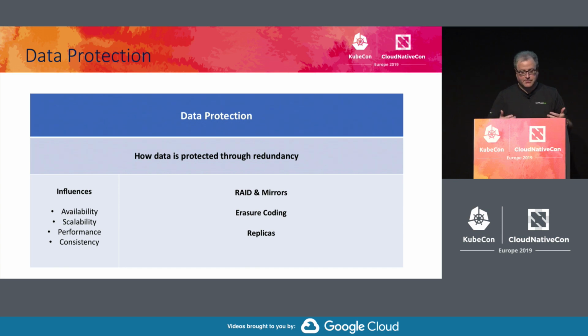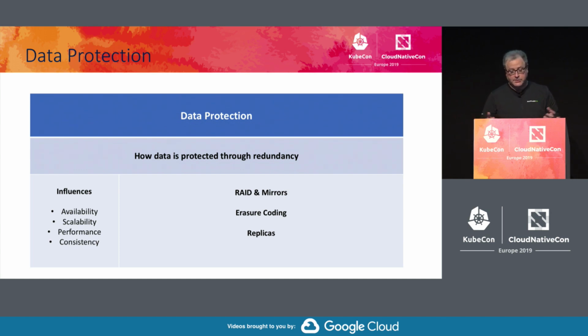Data protection is another layer within a storage system. So different storage systems can protect data in different ways, typically through some form of redundancy. There are the more traditional systems that might be protecting data through a RAID or some sort of mirror where data is protected by parity or copies. Erasure coding is a technique which is used in some distributed systems and very commonly found in object stores. And erasure coding allows you to create multiple sets of parity across a data set.